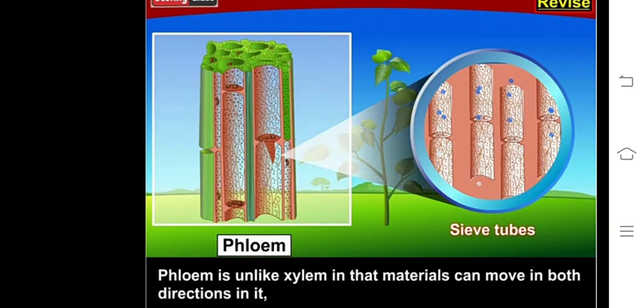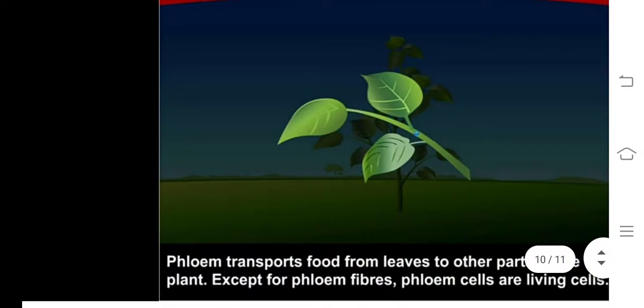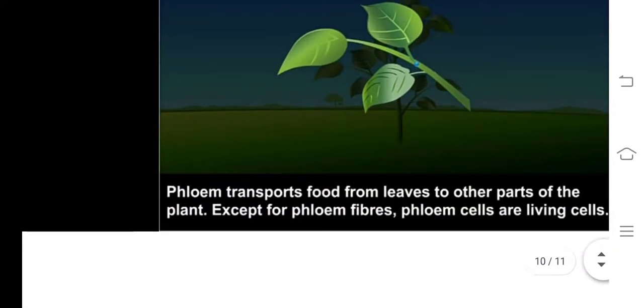That's why we can say that xylem is unidirectional and phloem is bidirectional. Clear? What is the role of the sieve tube? Sieve tubes help in the conduction of food, children. Next, observe carefully. What is the main function of phloem? Phloem transports food from the leaves to the other parts of the plant.